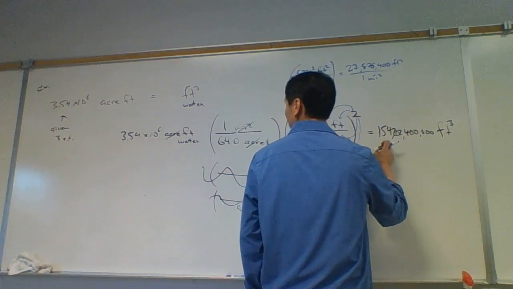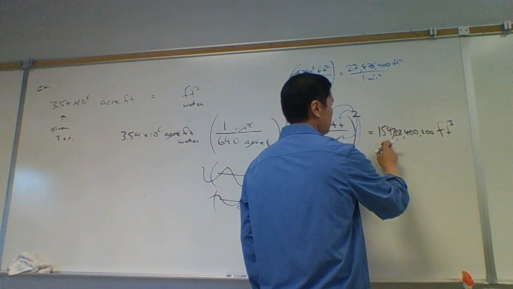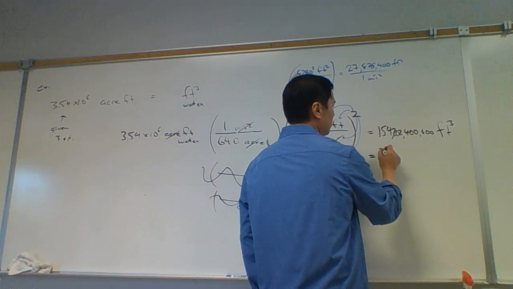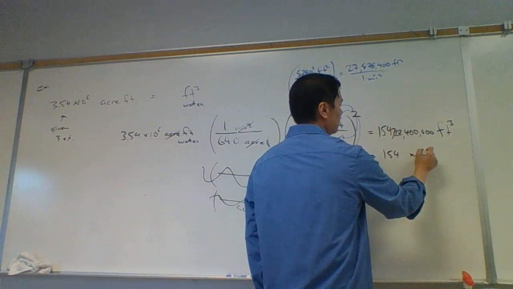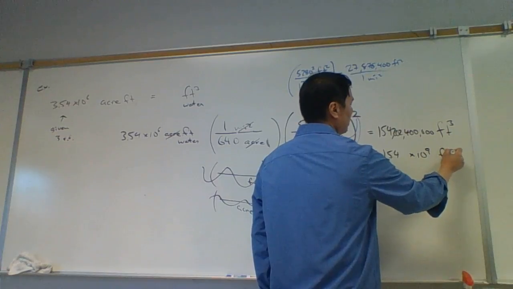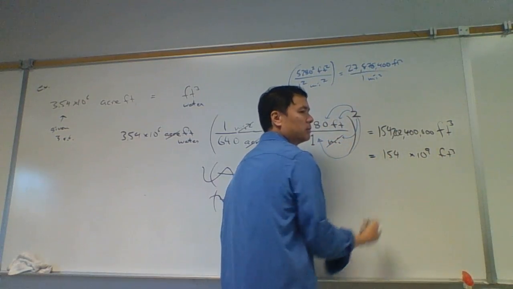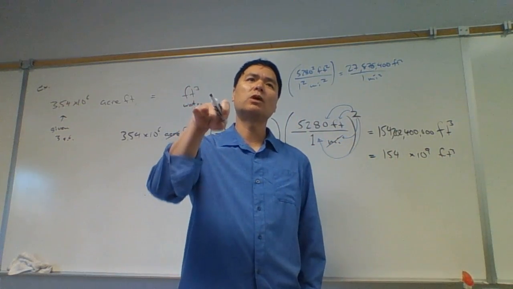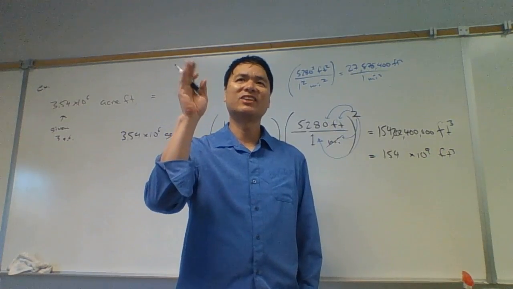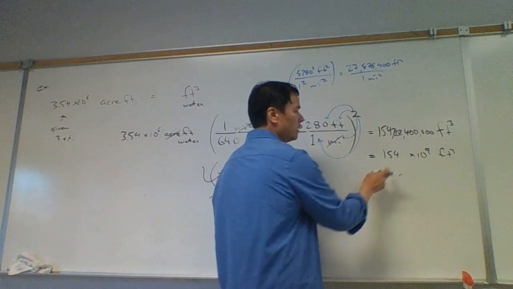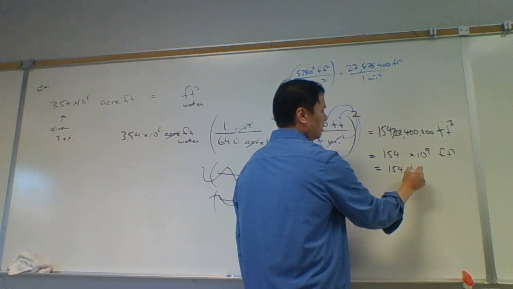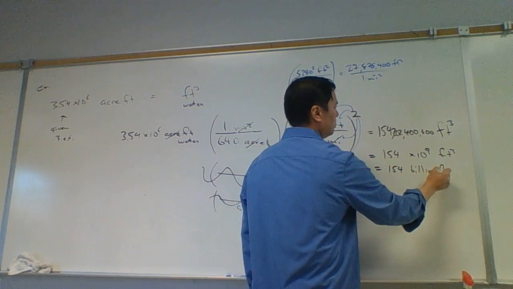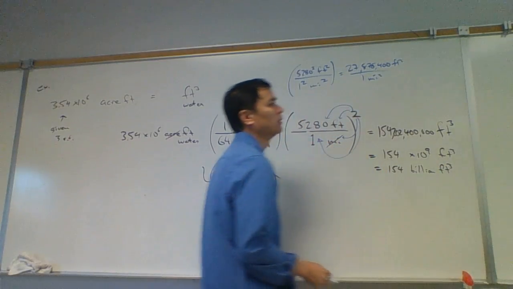How many sig figs are we allowed here? 3. And so I would just round this to 154 times 10 to the 9th cubic feet. I wouldn't put it in proper scientific notation. In proper scientific notation, you want a number between 1 and 10. Or you just call it 154 billion cubic feet. That's fine.